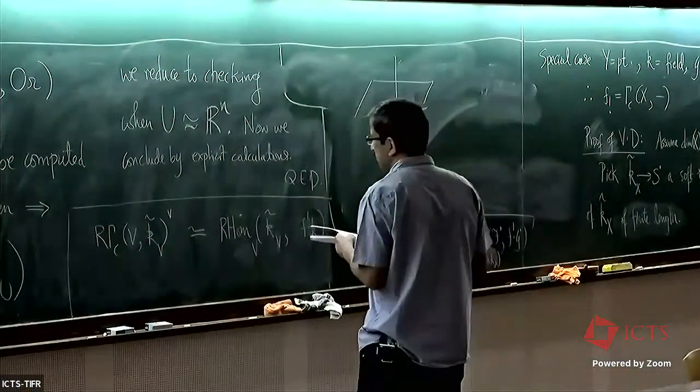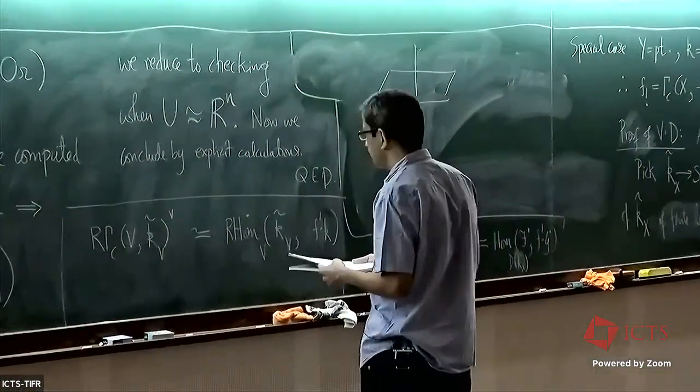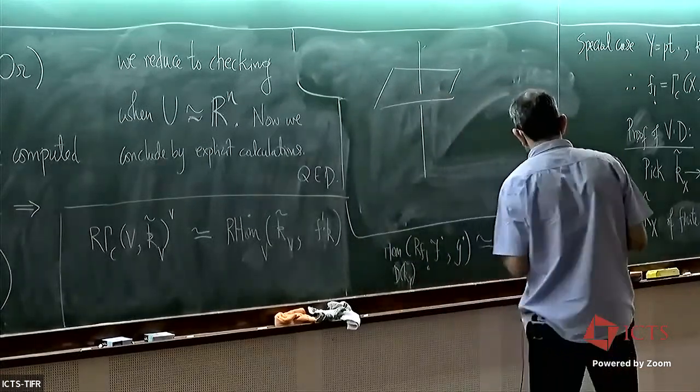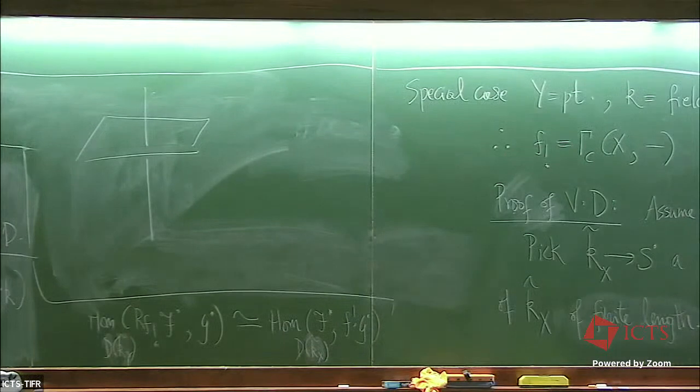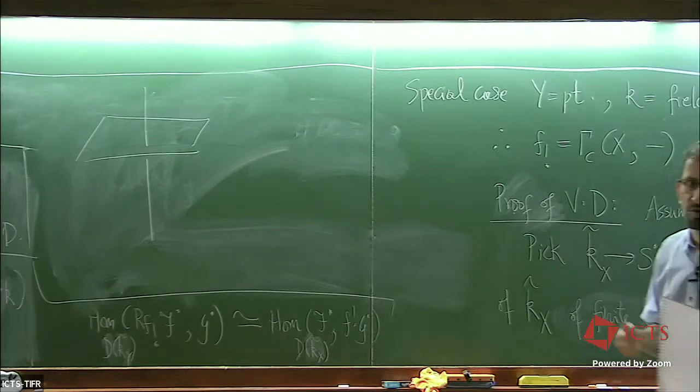That's a consequence of the fact that you can look into the proof, and you will see that in the proof we can use a resolution of length n. So this will be a complex of length at most n.